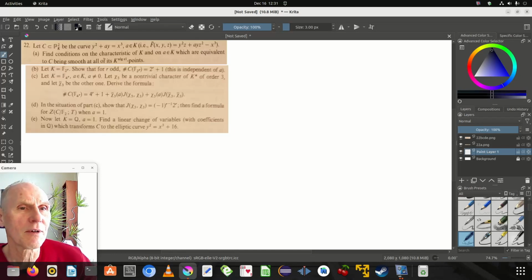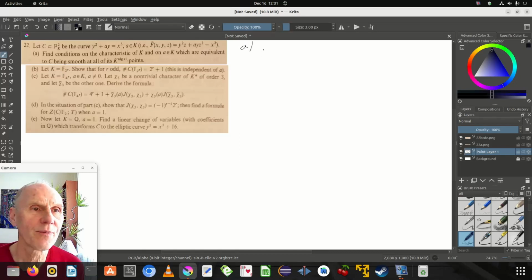First, smooth at all points, and let's work projectively. So I won't write f tilde, just write f. And then the partial derivatives.